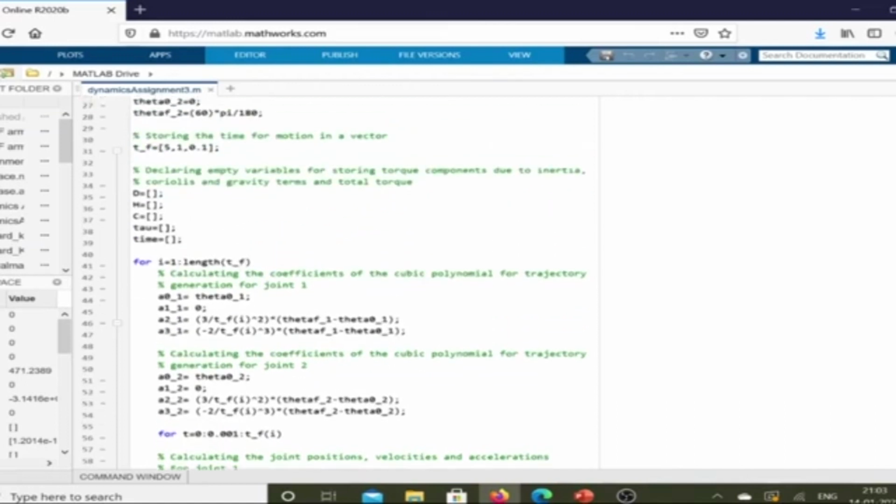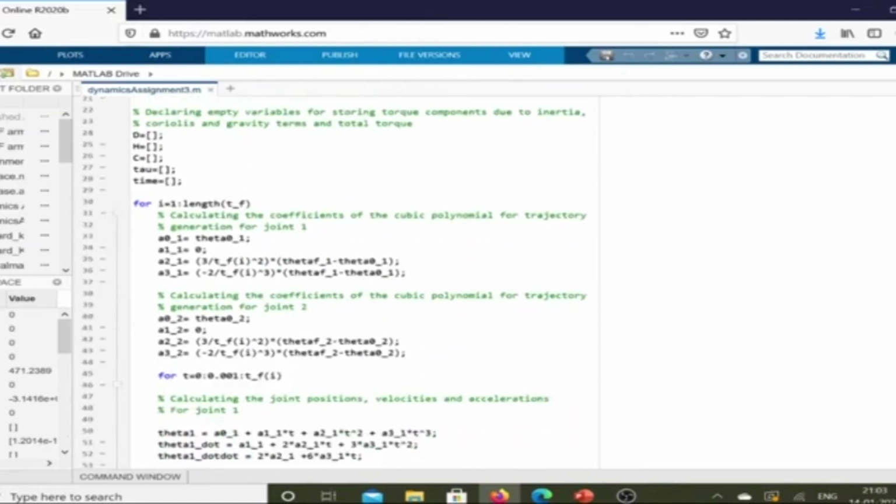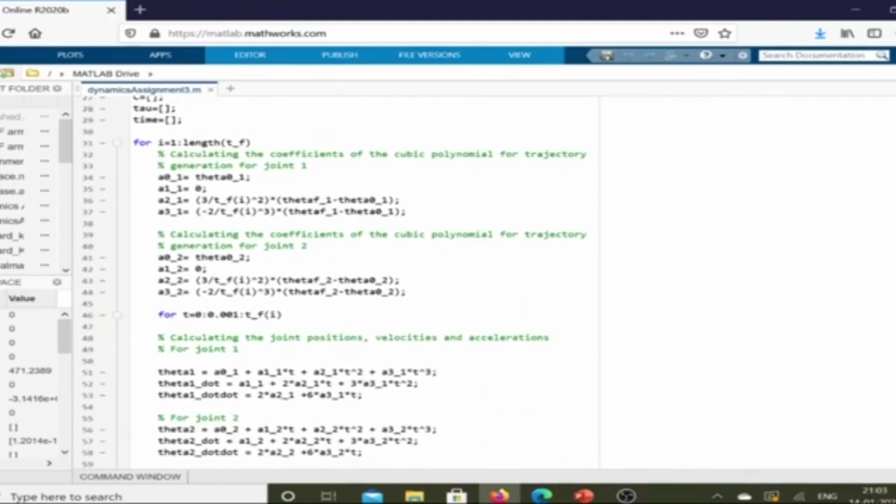You put in the position constraints and the velocity constraints, and you get A0, A1, A2, A3 for theta 1, and then for theta 2. This A0 underscore is for theta 1, and A0 underscore 2 is for theta 2. This also has 4 coefficients.